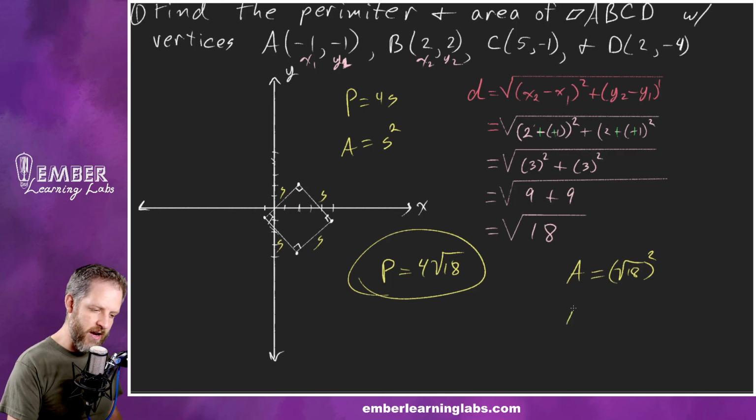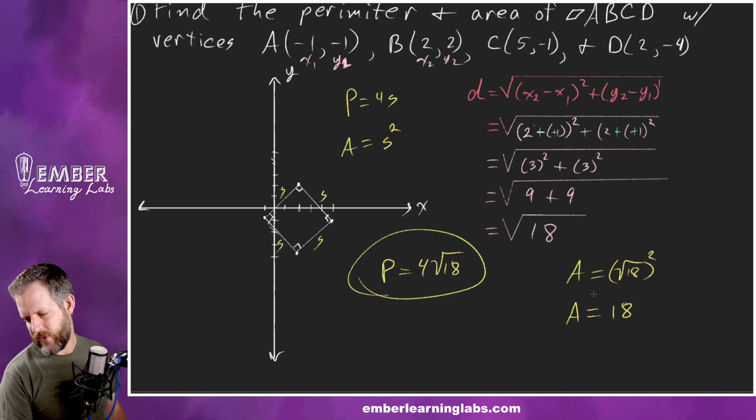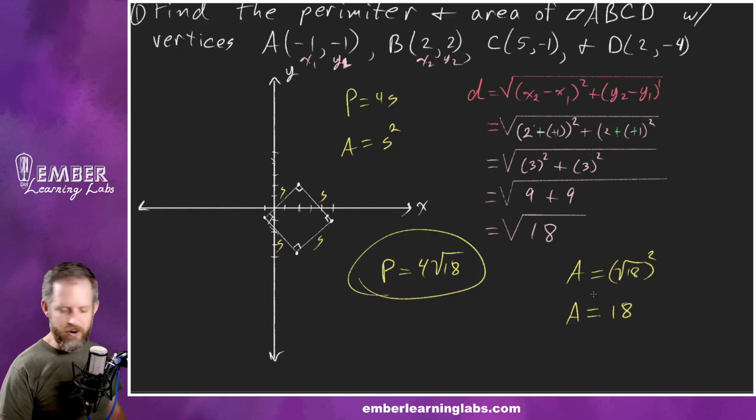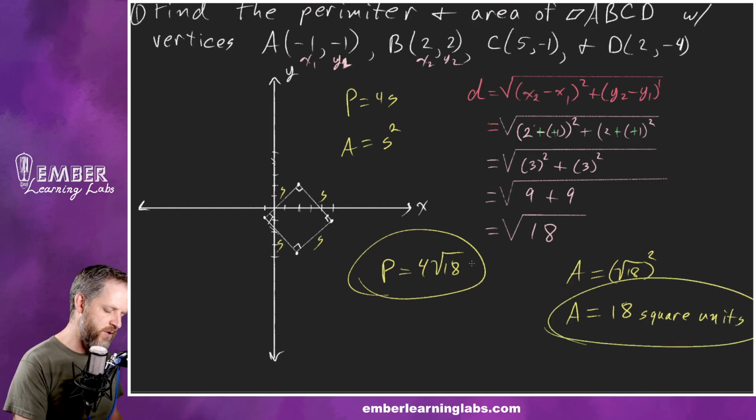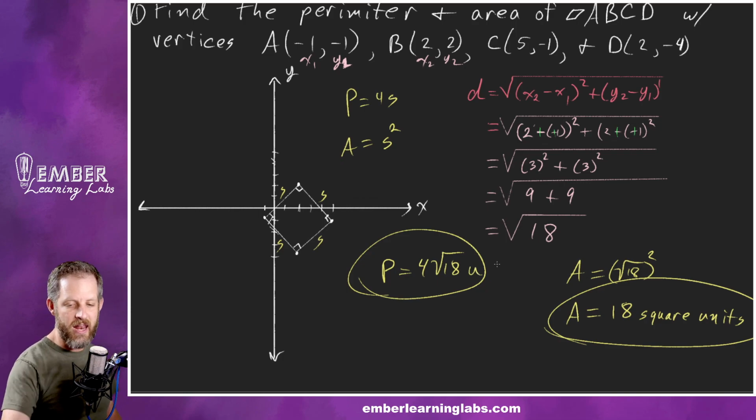So the area of this figure is 18 units squared. We probably should say square units here. And we should probably say units here, right? And that's all for this one.